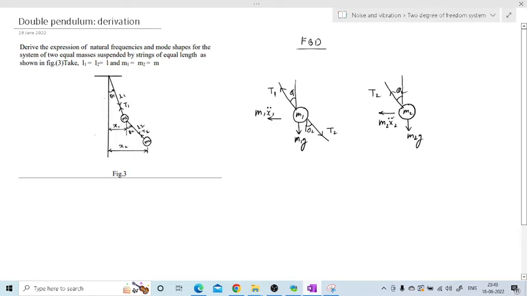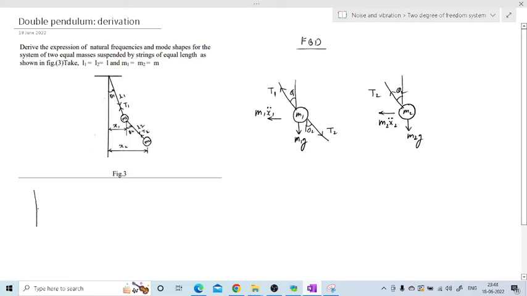Now to solve this one, we will require some relations between x1, theta 1, x2, theta 2. So to find out this relation between x1, theta 1, x2, theta 2, see, I am going to draw one triangle. Just see the cursor. So this small triangle I am going to draw here.